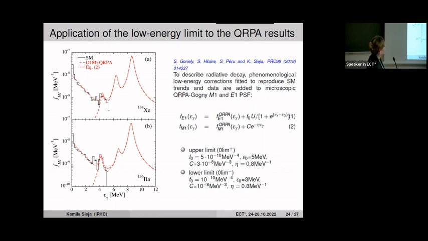And as well, there was the famous upbend added that, due to the shell model calculations, comes from the M1 transition. So you see here the examples calculated in xenon and barium. This is how the QRPA strength functions look when you add the upbend calculated from the shell model and you try to make a general formula to reproduce the two of them. And this was done in this way in this paper, and this is what you get, for example, in the TALYS code, if you want to make calculations of the neutron capture rates.